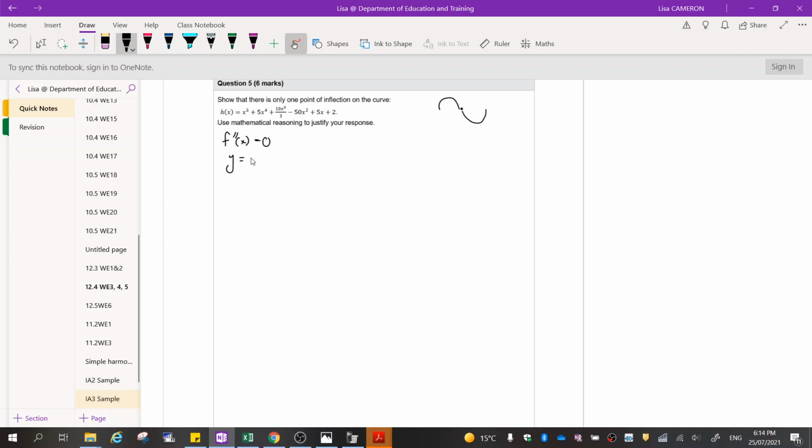If y is equal to this, then y dash is equal to this.